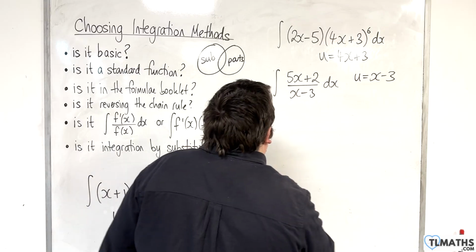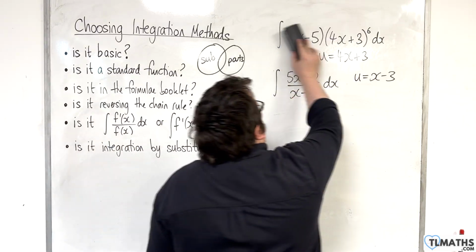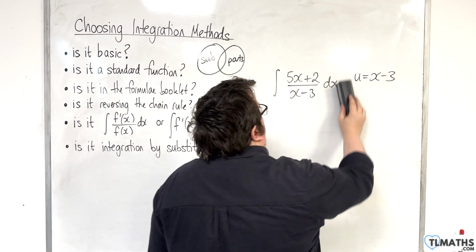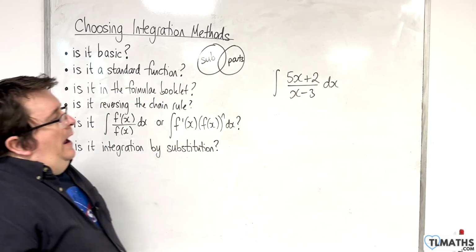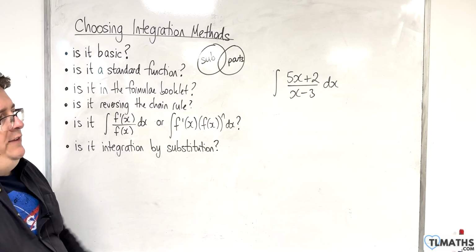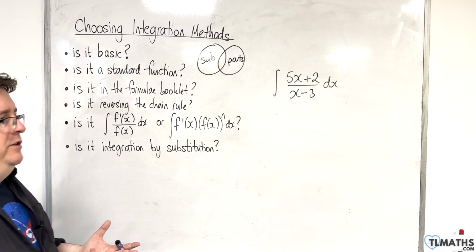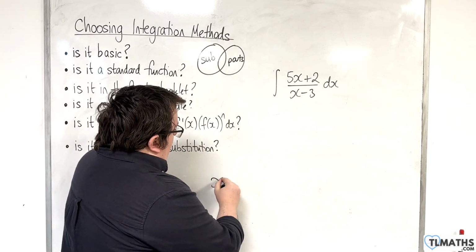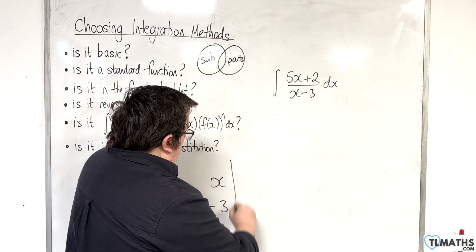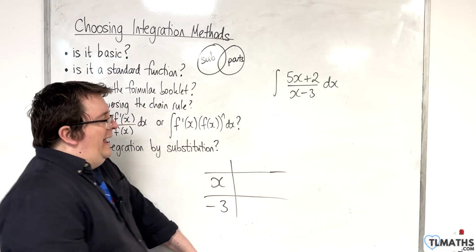So, if I was wanting to use not substitution for this, and I wanted to rewrite it in a format where I could integrate it straight off the bat, I would use polynomial division. So the way to do that is to write x take away 3 down the side. We're going to divide 5x plus 2 by x take away 3.